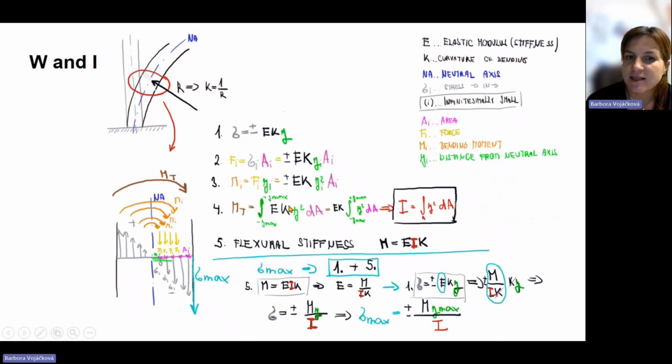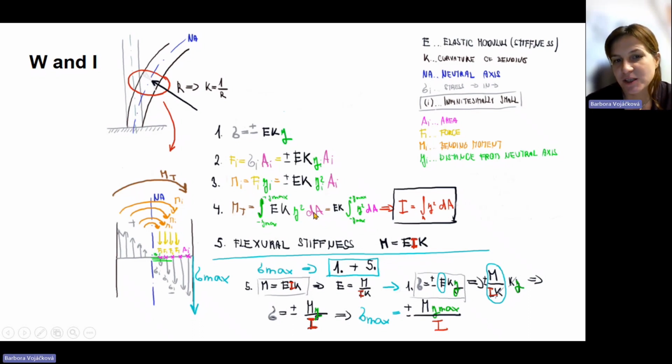So the total bending moment acting in the tree is the sum of these small bending moments across the whole cross section of the stem.